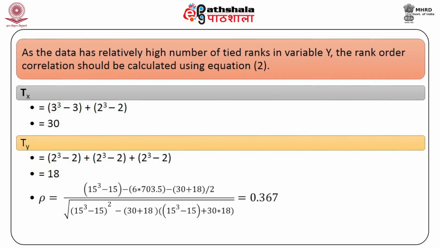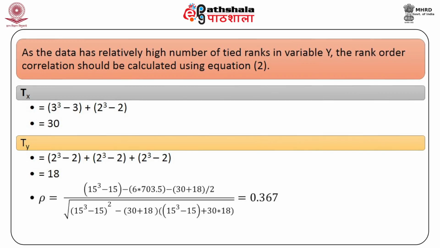The rank order correlation should be calculated using Equation 2 here, which takes care of the tied ranks. So, we calculate the value of Tx as the sum of (q cubed minus q) over 12 for each tie group, which turns out to be 30, and Ty is calculated to be 18 using the same formula.